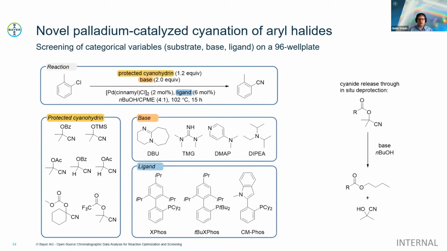In this case, we took 4 bases of varying strengths and ligands that we knew were probably going to give some sort of conversions because they've been proven to be competent in these types of cyanations or are just general types of ligands. And with this, we had our parameter space for our 96 Wellplate screening assembled.